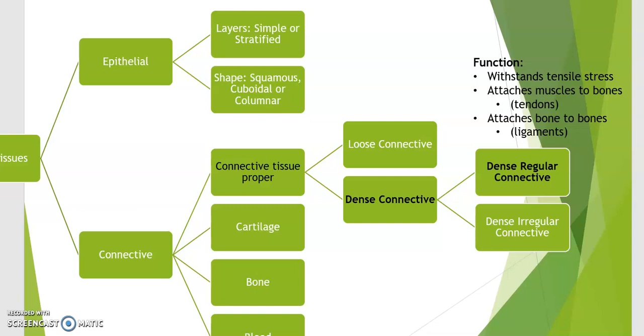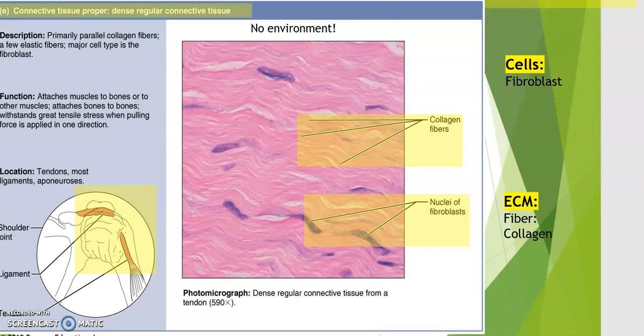Remember the tendons of Don, right? The tendons. And it connects bones to bones with ligaments. Remember the tibia and the fibula lie next to each other, and those are ligaments. So this is what we're talking about, tendons and ligaments. We're talking about dense, regular connective tissue. Let's take a look at it.